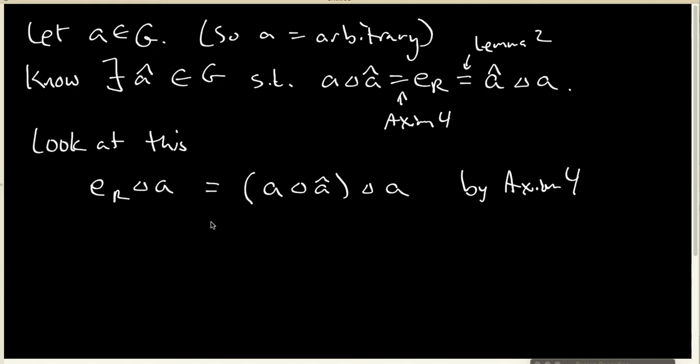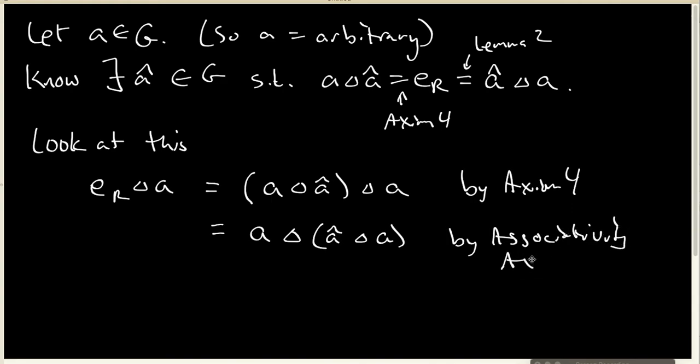But now I can reassociate. I can put those parentheses wherever I want to, and I'm going to change the parentheses to where I've got A triangled with A hat triangled with A. This is by associativity or axiom 2. But now let's look at what's sitting in here. What's sitting in here is this, and by lemma 2, we know that that is equal to ER.